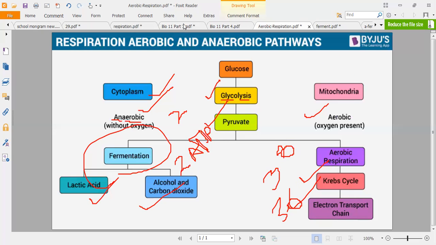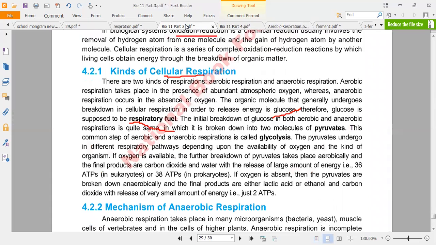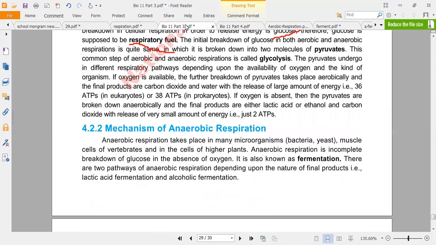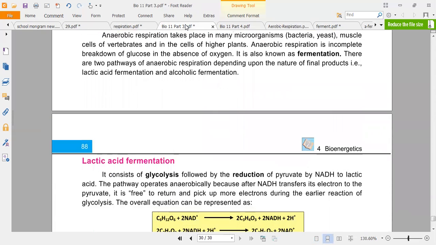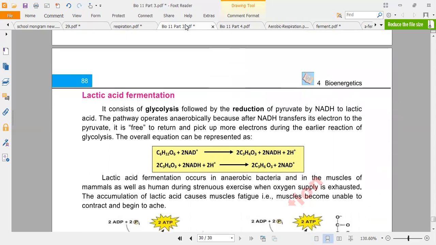Okay, so we'll talk about the mechanism of anaerobic respiration, how this respiration is going on. In the absence of oxygen, glucose is broken down into pyruvate, and then pyruvate is broken down into further products, which is called fermentation.